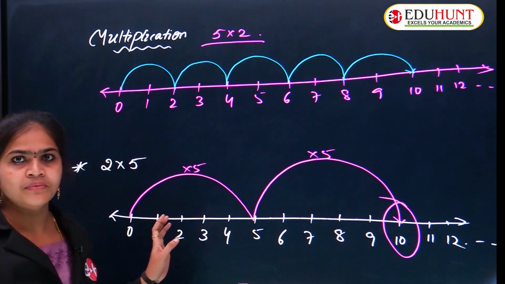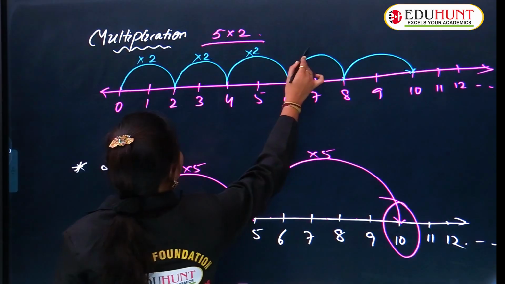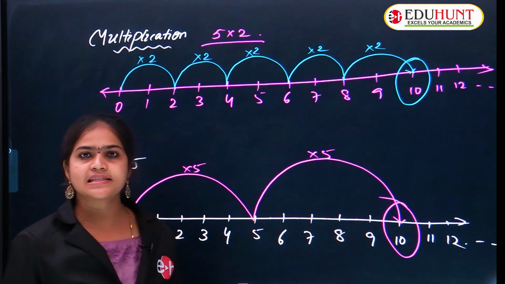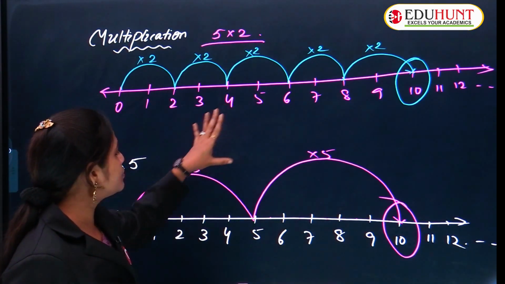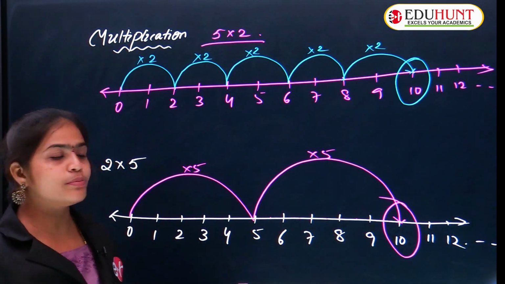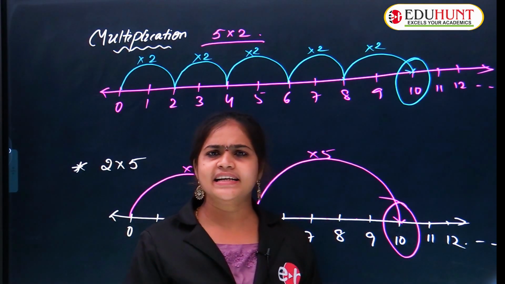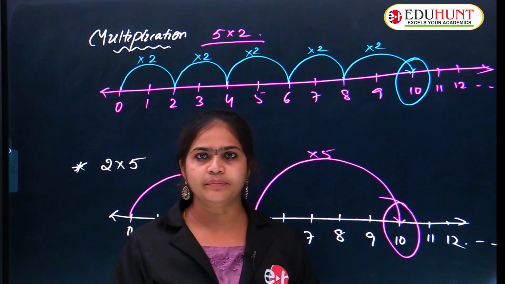That is the meaning. Understood? This is multiplied by 2, 5 twos. But the answer is the same only. The final answer is 10 only. But the difference is that this is 5 twos and this is 2 fives. Understood? In multiplication we can observe this. And in the same way, in addition, if you change the order then also you will get the same answer only. Okay?